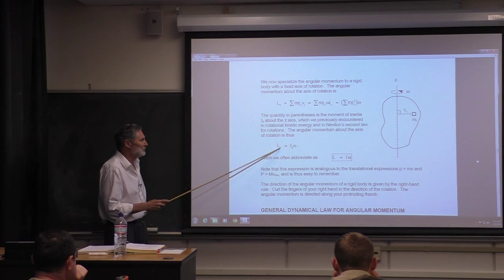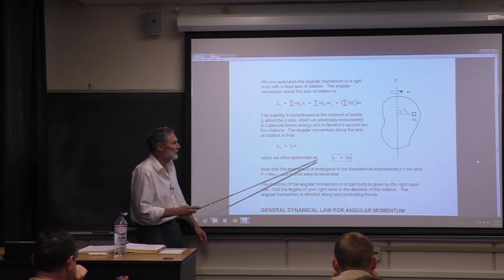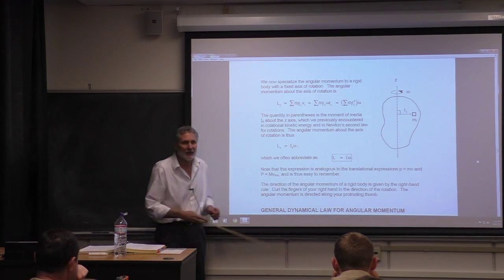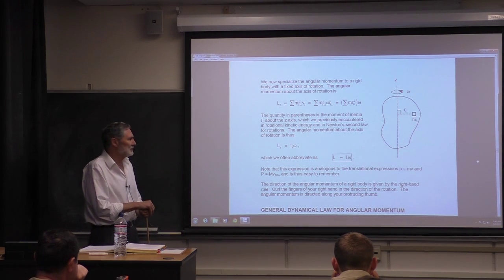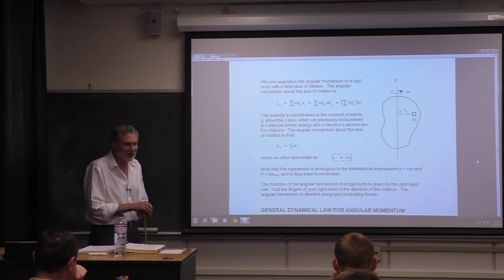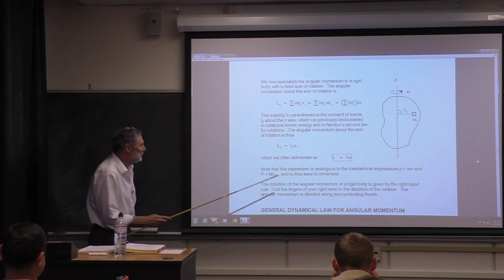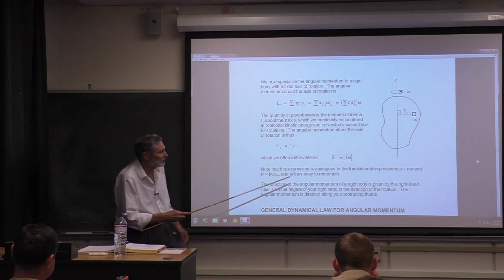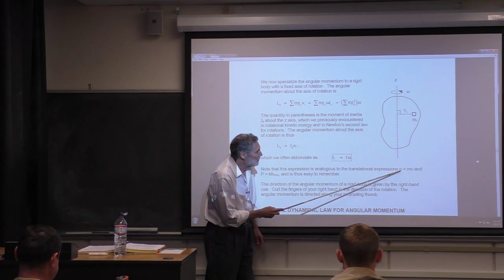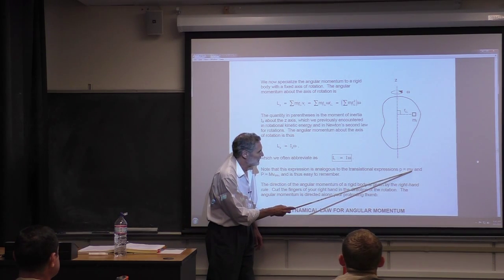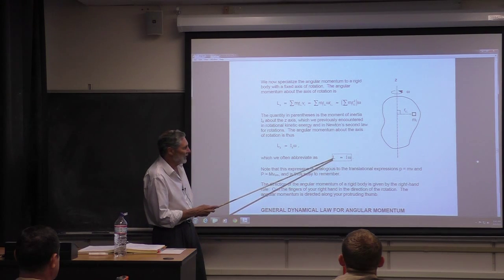And for a fixed axis, people usually don't want to drag this along. They just drop the z and write this. Now, this is one more rotational relationship that's easy to remember, because for a particle, the linear momentum is the mass times the velocity, right? This is just the angular version of that.